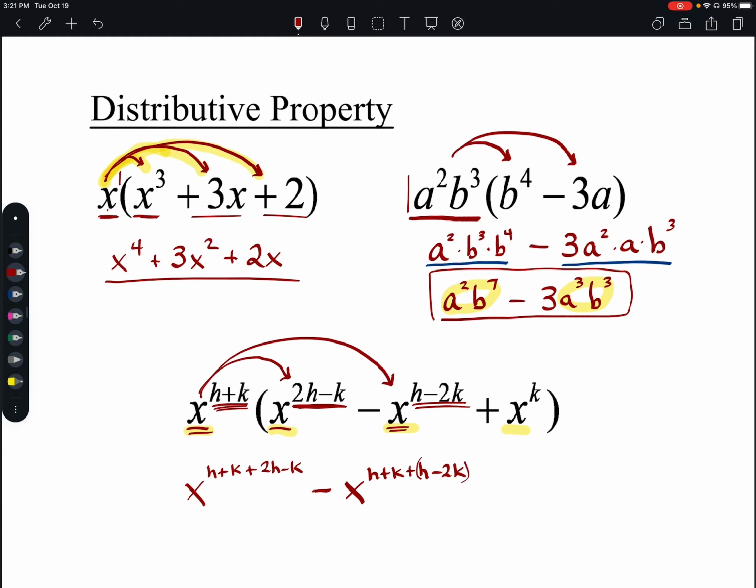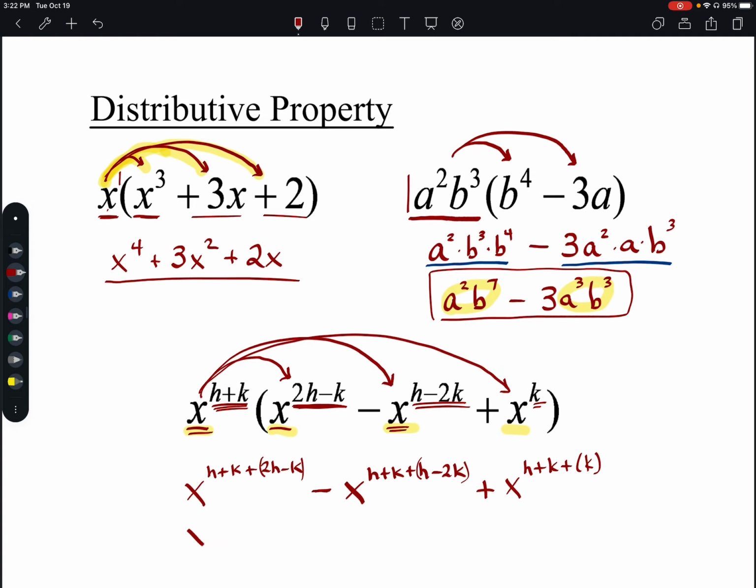Right, so we're adding all that there. I'll think of it in pieces, so hopefully you can see it. And then we're going to multiply this one times our last term here, which is going to be plus x. And we had an h plus k to start, and now we're adding just this k at the end, so plus another k.